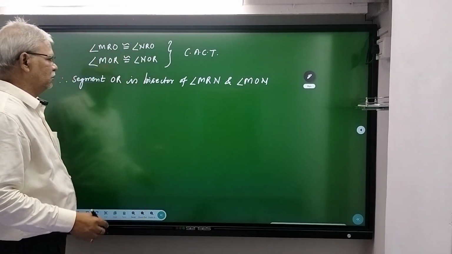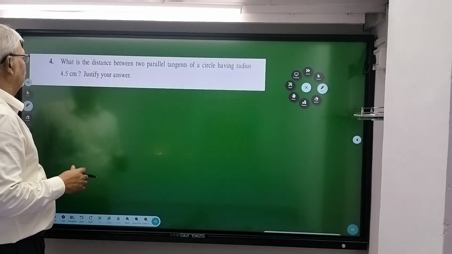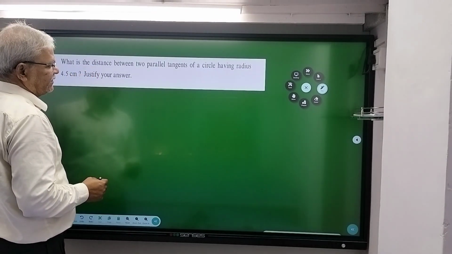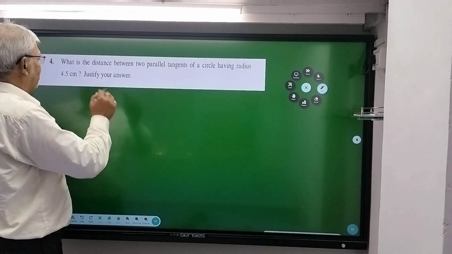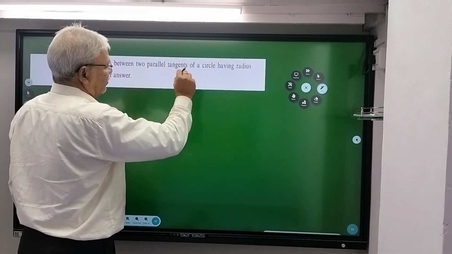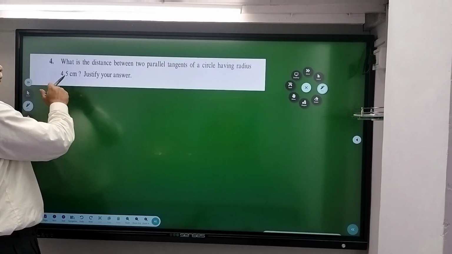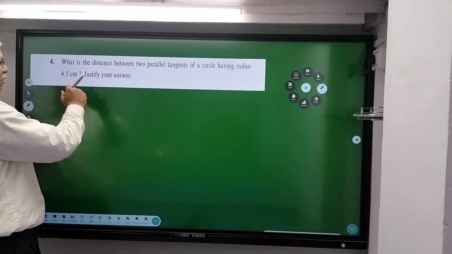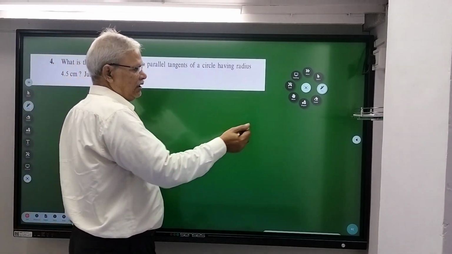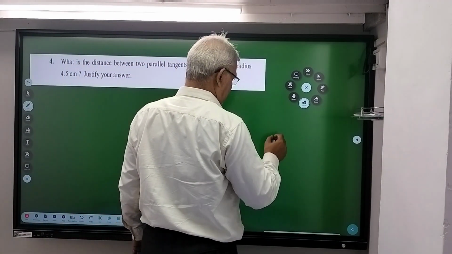Okay? This is it. Now see here the fourth problem. What is the distance between two parallel tangents of a circle having radius 4.5 centimeter? Justify your answer. Now see, first I am going to draw a figure here.